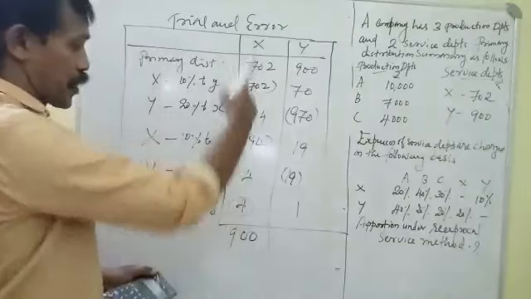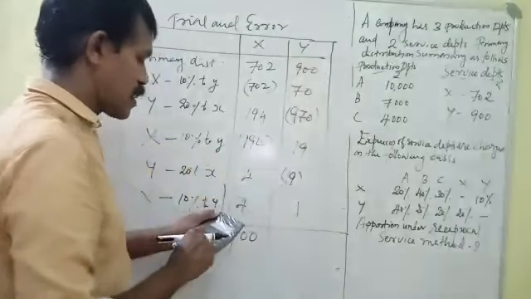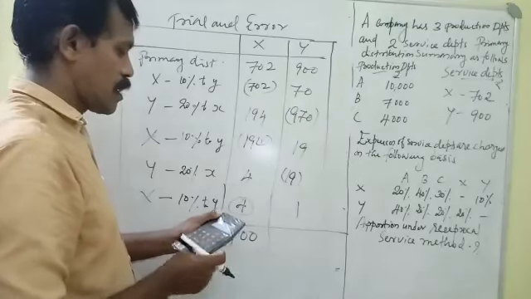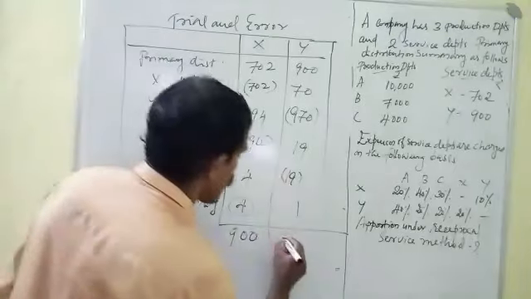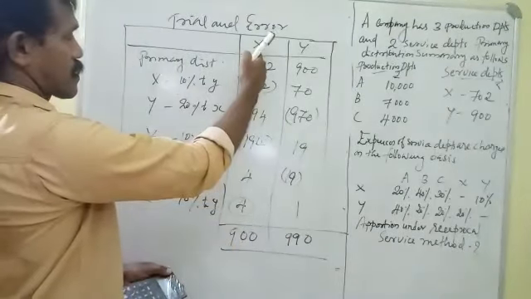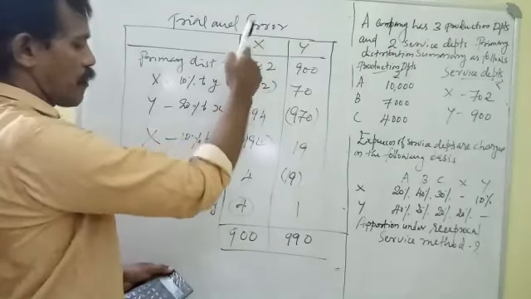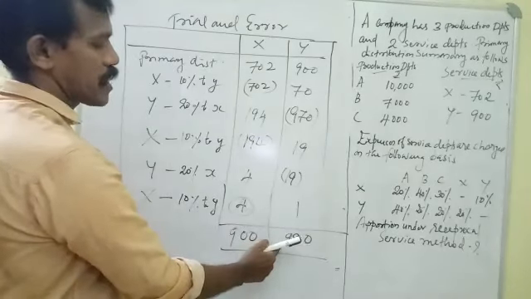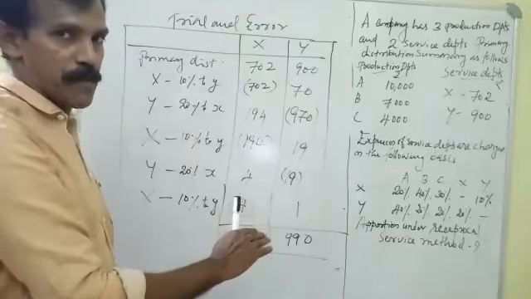Then the total overhead of Y, non-bracketed figures: 900 plus 70 plus 19 plus 1, which is equal to 990. So service department X's actual overhead comes to 900, and Y's 990, after getting the share from the other service departments.